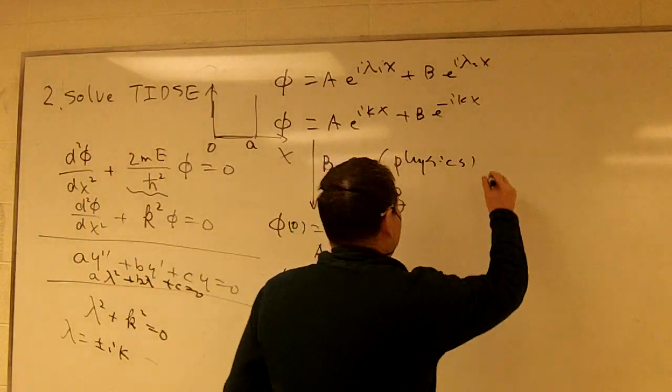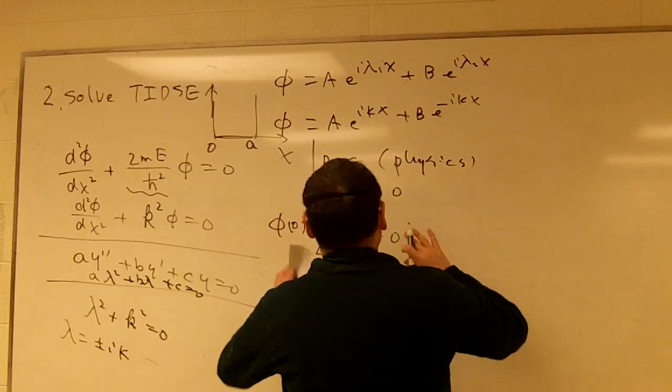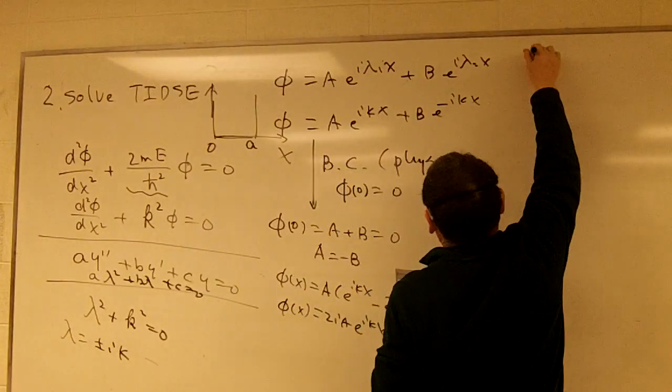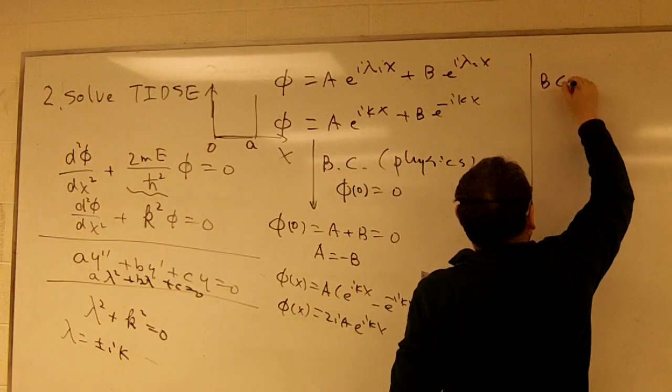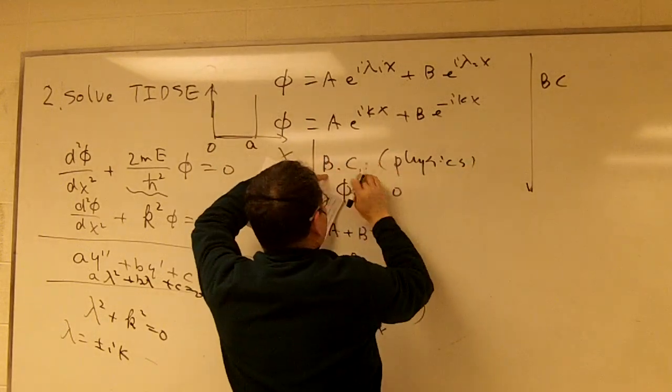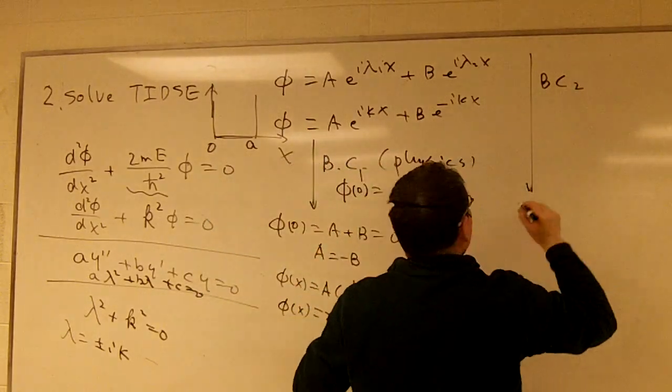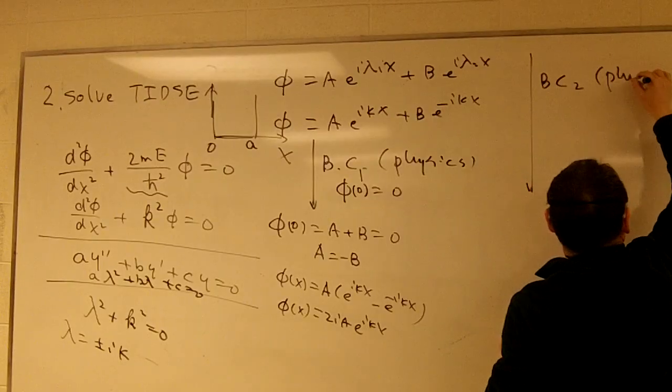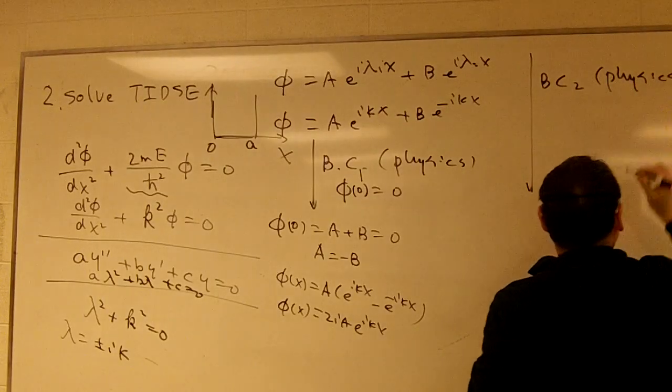Now, there's another boundary condition. Let me call this boundary condition 1, so I just write 1 here. Another boundary condition, another physics portion, is going to come into play.